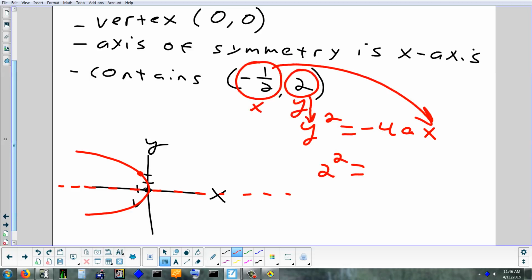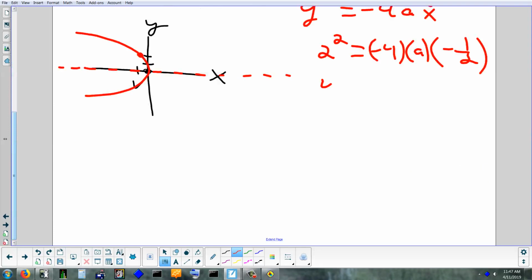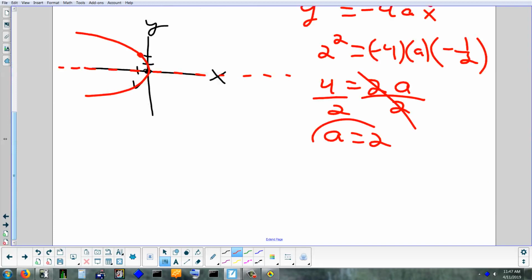So 2 squared equals -4a, and x is -1/2. Okay, what's 2 squared? 4. And what's -4 times -1/2? So 2. So what's a? 2. So now we've got a.